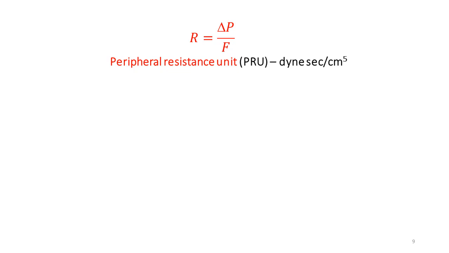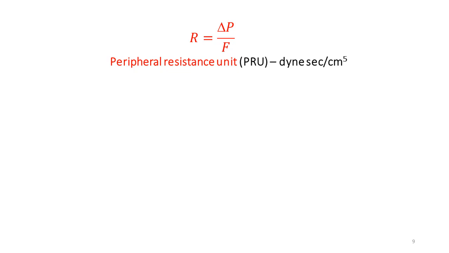As you know, resistance, or R, can be found by measuring delta P, or changes of pressure, over F. So if the pressure difference between 2 points is 1 millimeter of mercury and flow is 1 milliliter per second, the resistance is said to be 1 peripheral resistance unit, or PRU.